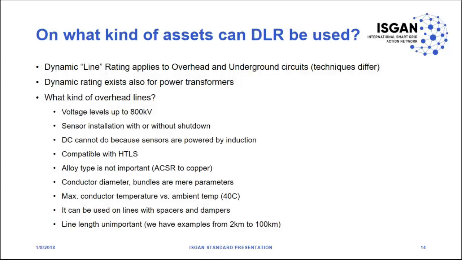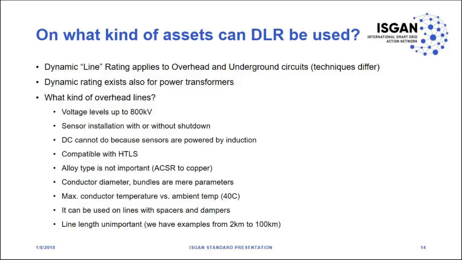Of course, the gains that you can get underground are not as spectacular as the ones you can get with overhead lines, because there is no wind to cool down the lines, and the changes in the soil are not so fast as in the air.